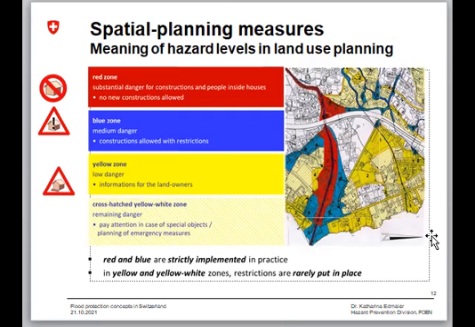The yellow-white zone is called the zone of remaining danger, and it is recommended to pay attention, especially for special and vulnerable objects, and the planning of emergency measures is significant within this area. Red and blue zones are in general strictly implemented in practice by all cantons in Switzerland. Restrictions are rarely put in place, on the other hand, for yellow and yellow-white zones.